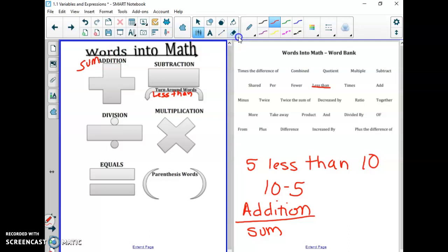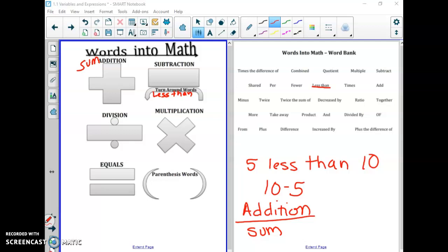Okay, so I'm going to start with Nevaeh. Nevaeh, can you give me a word that goes into the addition category? And you can just type it in the box. And I'll actually tell you guys right away so you can start thinking about it.